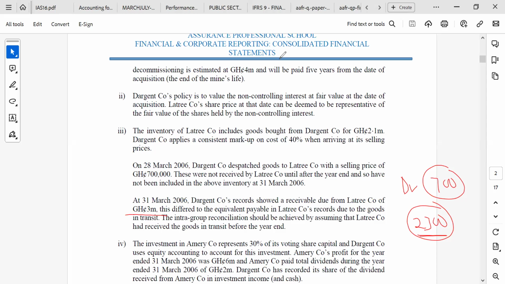So if the 700 goods had been received by Lottery Cool, what will be the entries that the subsidiary will be making? It will be increasing their stock and their payables. So we debit the inventory by 700 and credit the payables by 700. Is that correct? Yes, please.